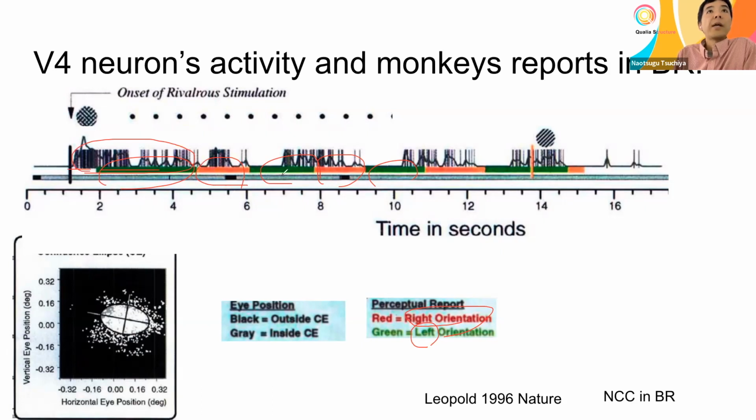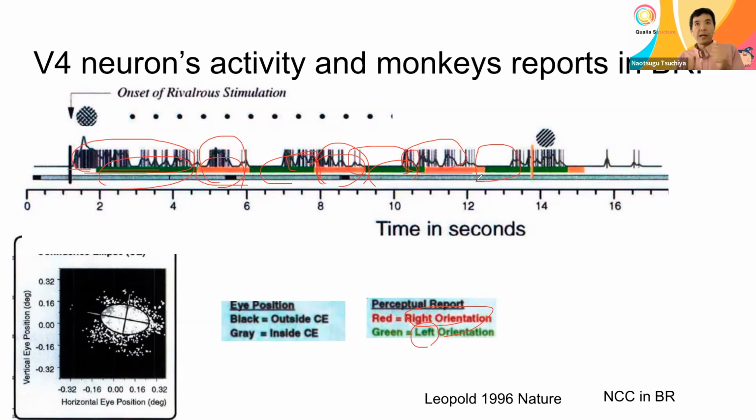Then when it switches into the rivalry dynamical state after 4 seconds, during the seeing of the red part, or preceding the red part, there is an increase in activity here. And preceding the green, there is a suppression of activity.